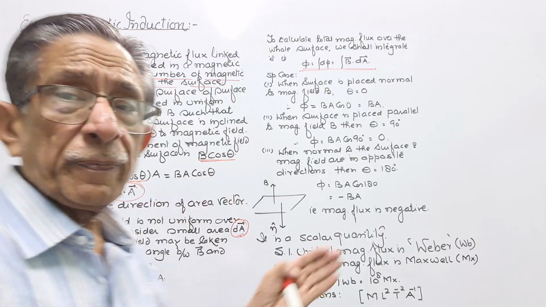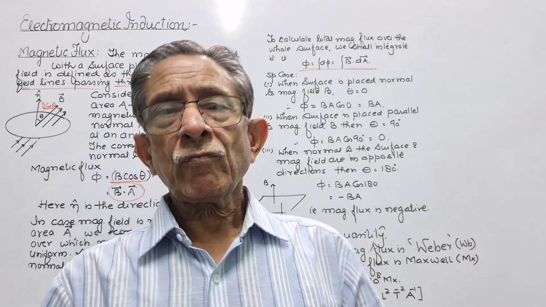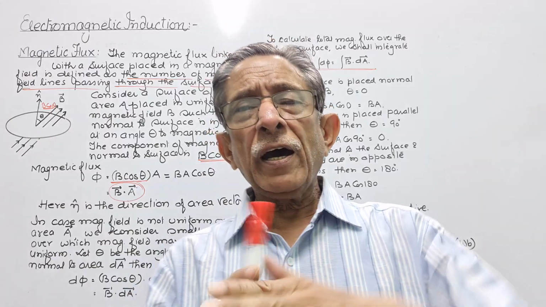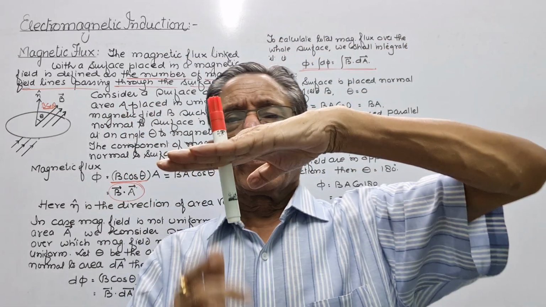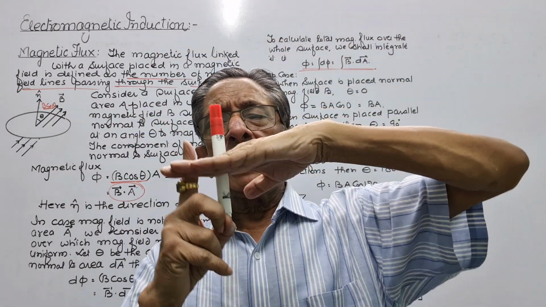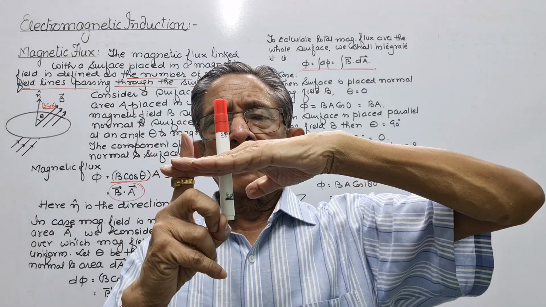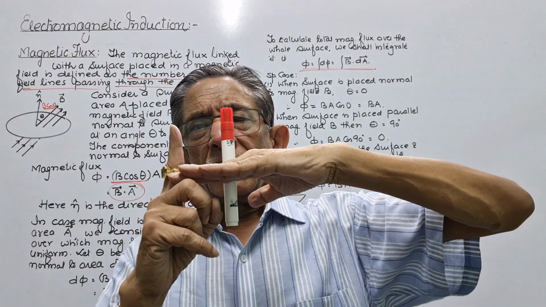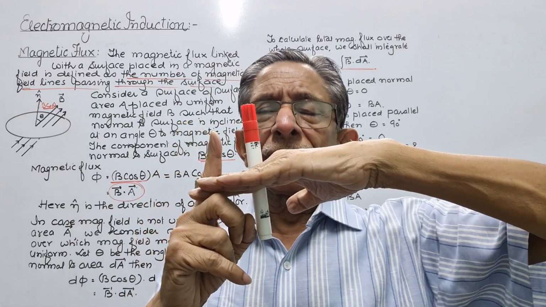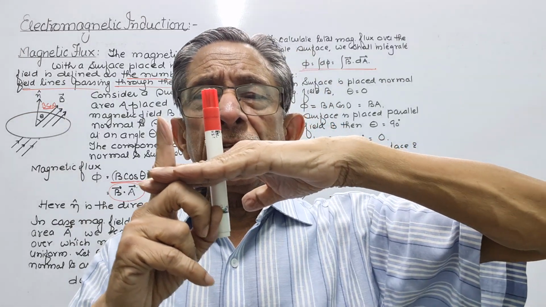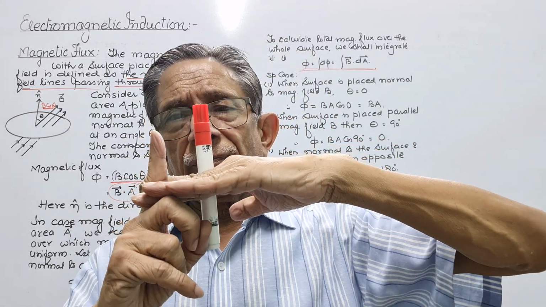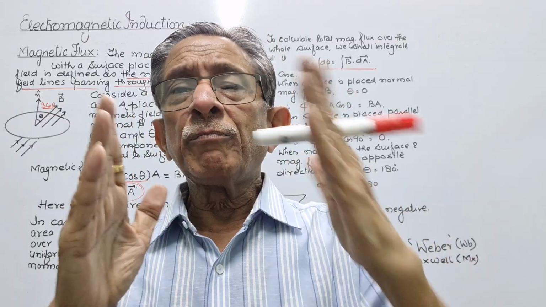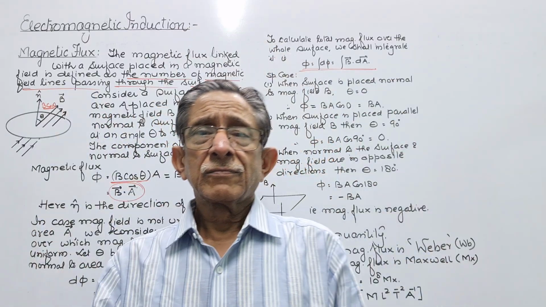Now there are certain special cases. Number one, suppose the surface is placed normal to magnetic field. Then area vector and magnetic field both are parallel.